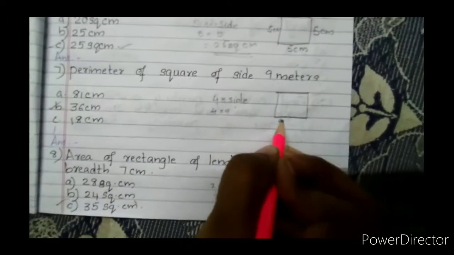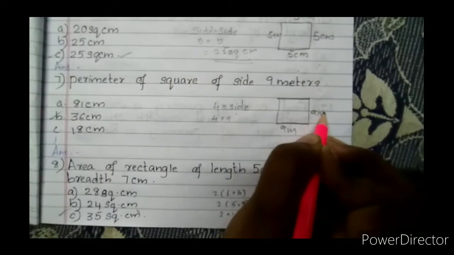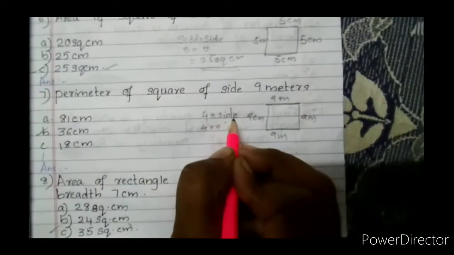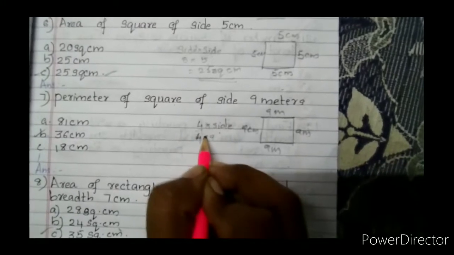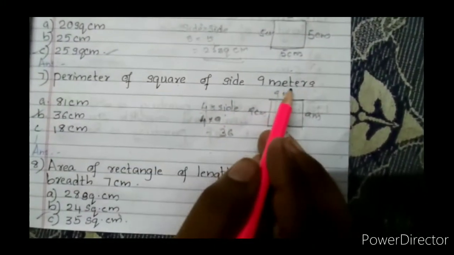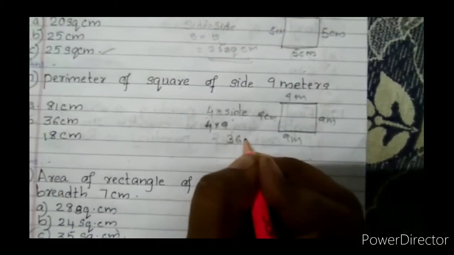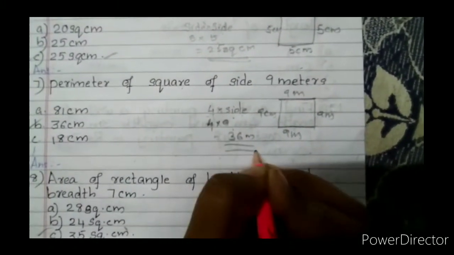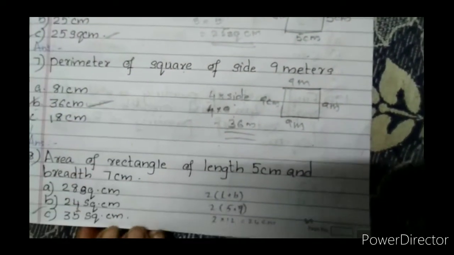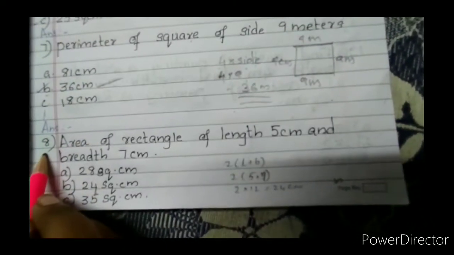One side is 9 meter. Since it's a square, all sides are equal. So the equation is 4 into side. That means 4 into 9. 9 fours are 36. So 36 meters. The answer is B.